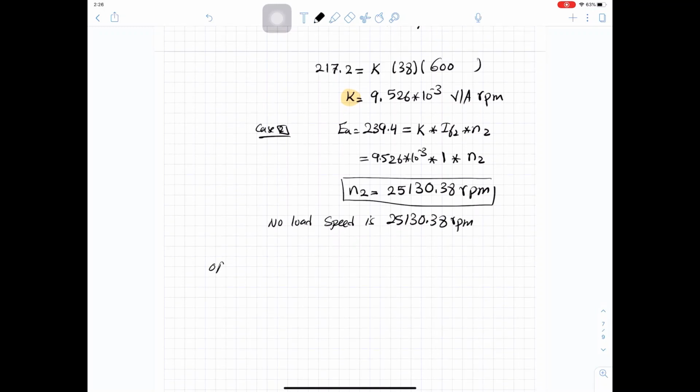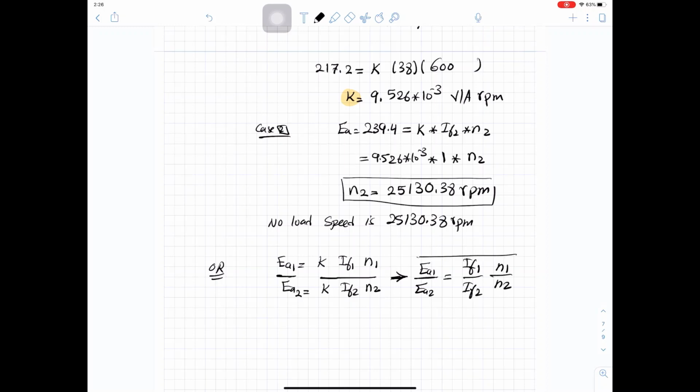Or someone will say, okay, EA in case 1 is K IF1 N1, and EA in case 2 is K IF2 N2. So if we divide the two equations, we get this famous relation, which will be in the formula sheet. EA1 over EA2 equal I field 1 divided by I field 2 times N1 divided by N2.